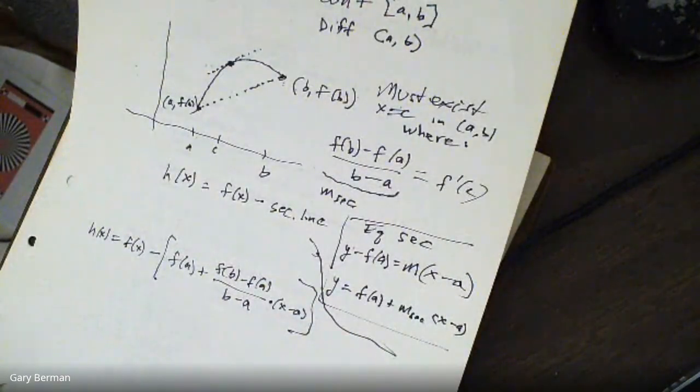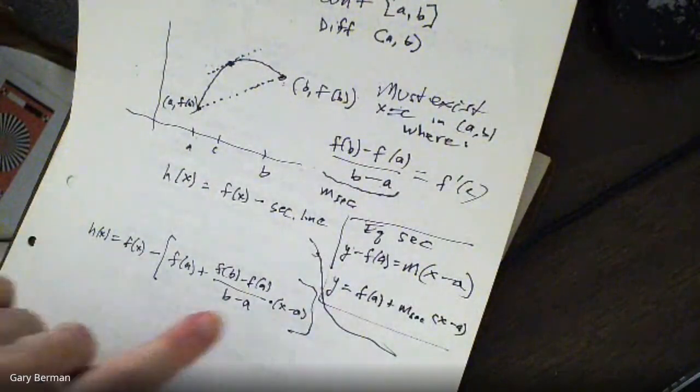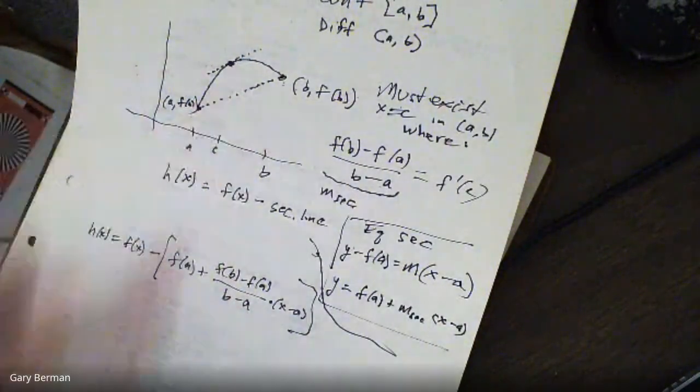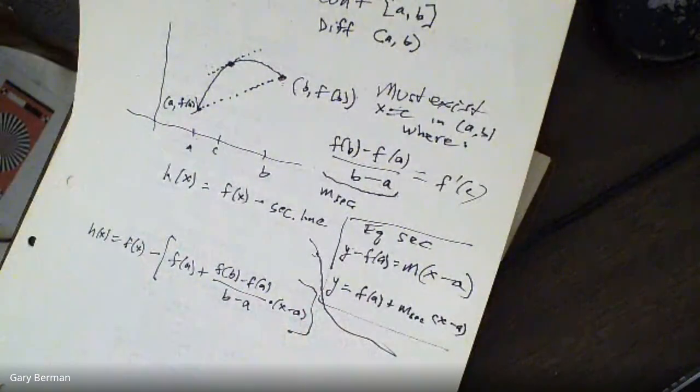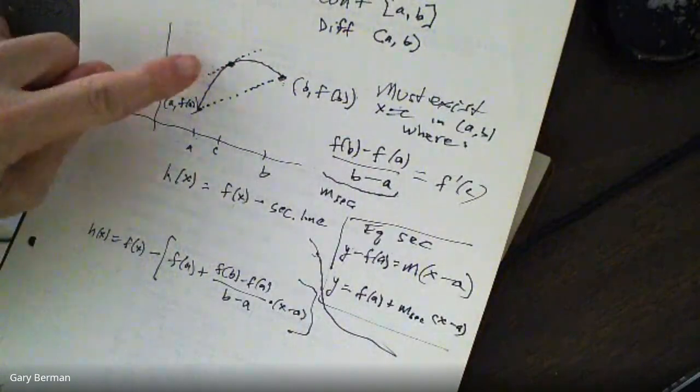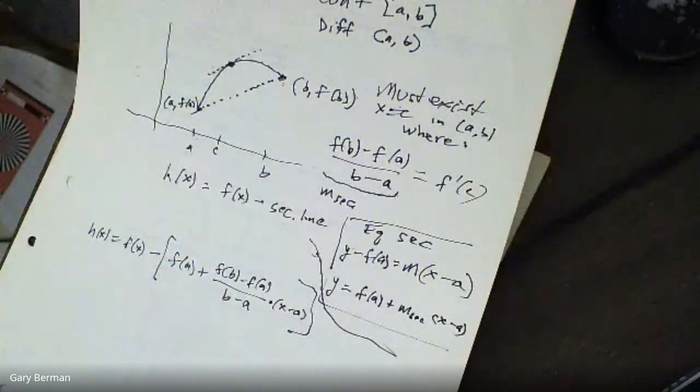I'm subtracting these two functions. I'm writing out what the function is that represents the straight line, y equals f of a plus m secant times x minus a. And I'm taking the original f of x, which is the curve, and I'm subtracting it. Okay, this is amazingly opaque and vague, but I'm going to show you geometrically what this really is.